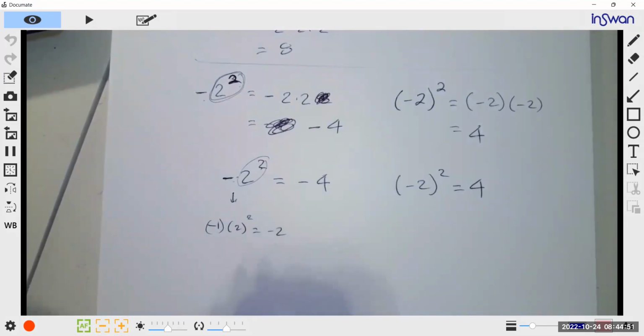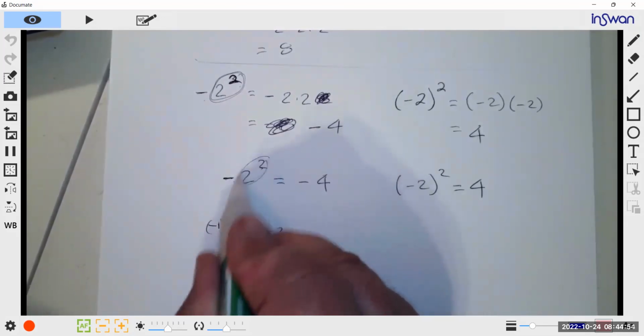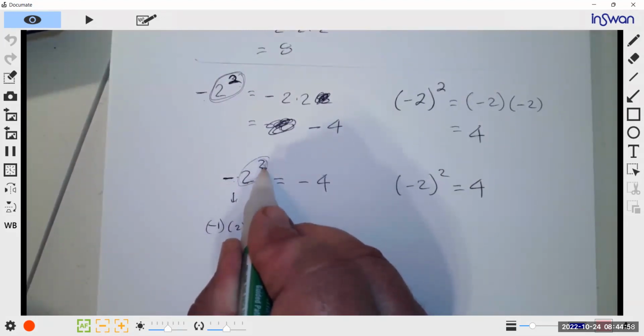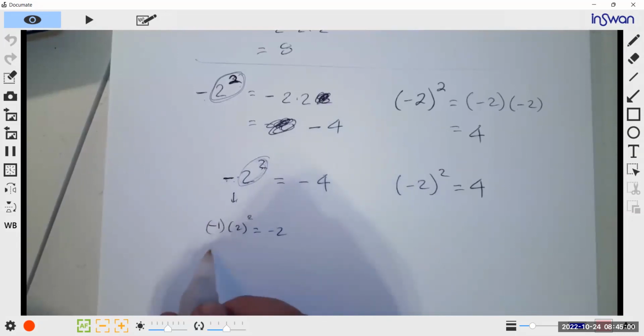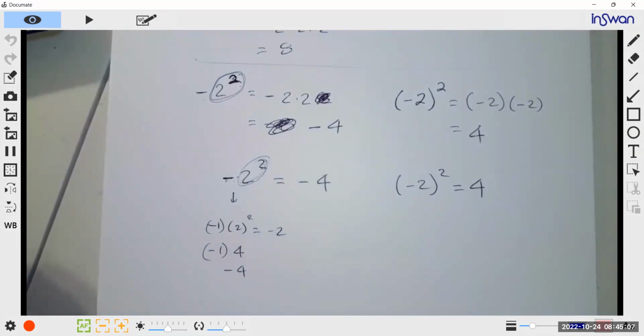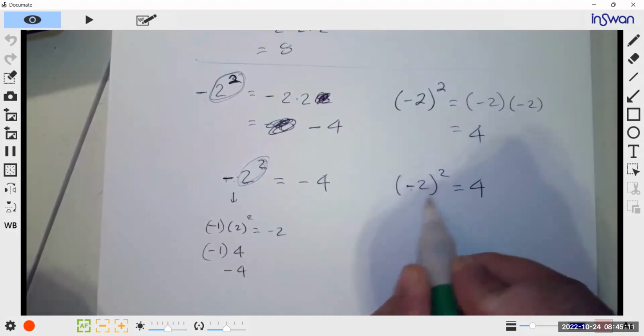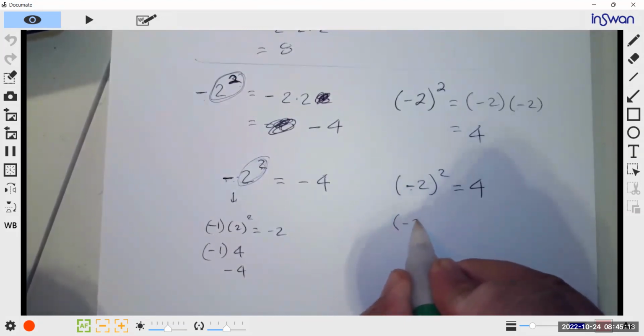So in order of operations, we have to do exponents first, or special operations. So 2 times 2 is 4, and then multiplication. So we have -1 times 4 makes it -4. That's how that works. But this one, since the negative is encapsulated inside the parentheses, it gets carried.